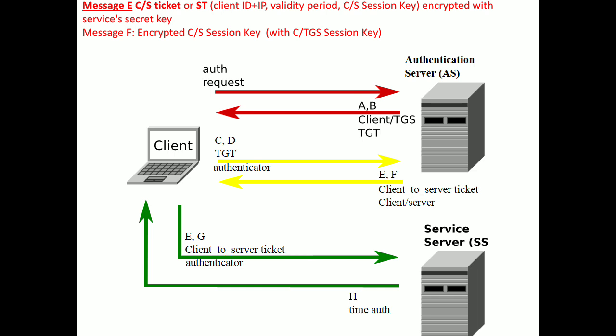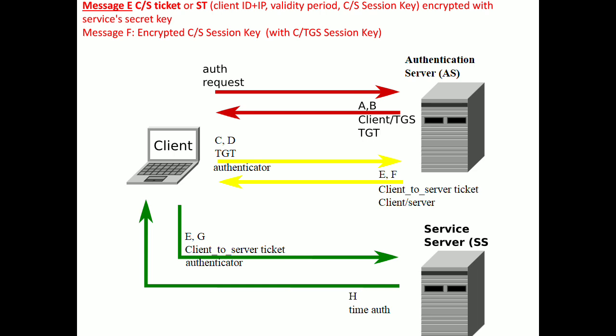So this service ticket contains the client ID and IP, the validity period, and another session key which will be used between the client and the server where the resource is hosted. So this is an encrypted service ticket which cannot be decrypted by the client. Now message F can be decrypted by the client because it is encrypted with the session key which was earlier used between the client and TGS.